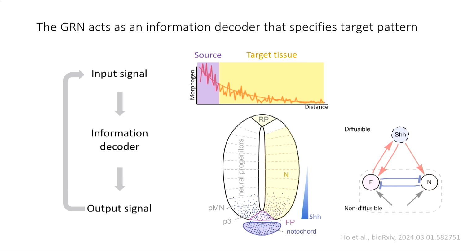This is the insensitive class, where it doesn't affect the floor plate size. If anything, it affects the amplitude of Sonic hedgehog in the system. So I wouldn't say this feedback is really strong there.